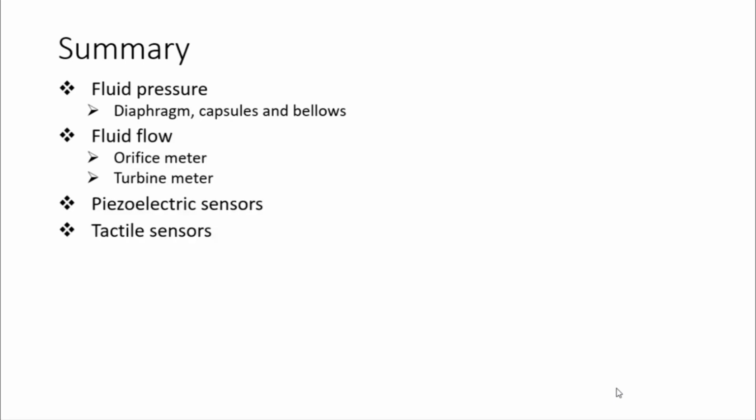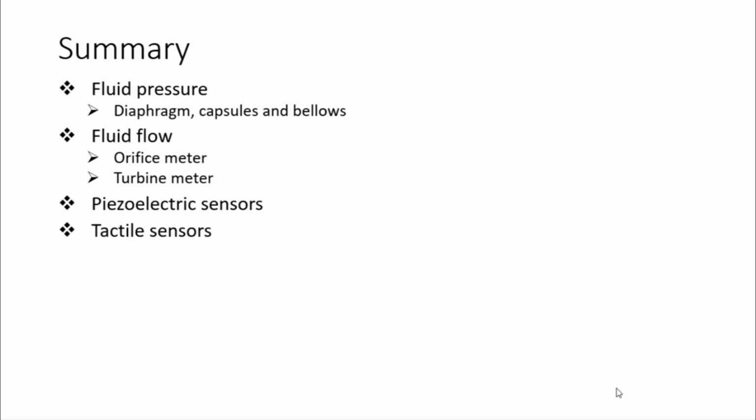Well, let us summarize lecture 4 of week 4. In this lecture, we have seen various sensors that are used to measure fluid pressure, and these were diaphragm, capsules, and bellows. We saw how fluid flow can be measured by using orifice meter and turbine meter.